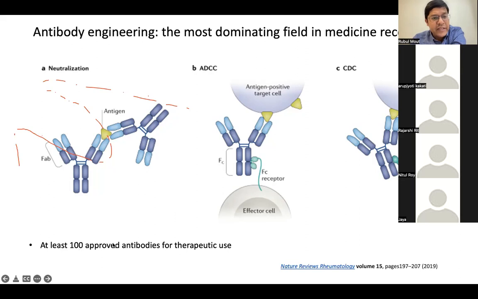And within the last 20, 30 years, there have been at least hundreds. Right now, obviously, the number might be way higher, but at least 100 antibodies in therapeutic use. And these are not only for one disease, starting from cancer to autoimmune, and there are so many different diseases that you can re-engineer antibodies to fight.